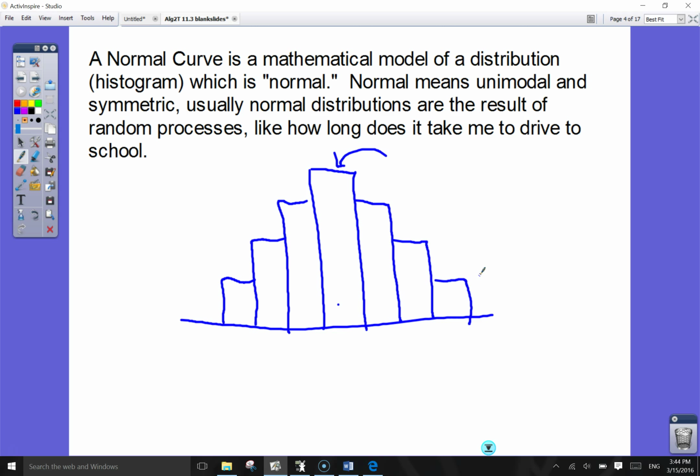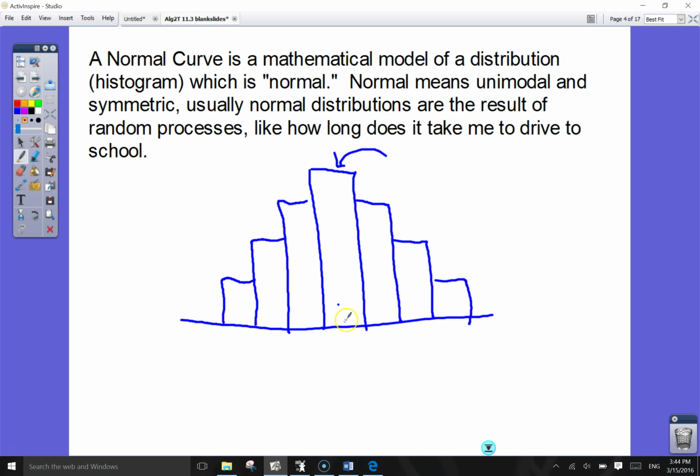Now, normal distributions are the results of random processes. A lot of times, people will use test scores, or let's say the average height of a group of people or the weights of a group of people. I would consider how long it takes me to drive to school every day to be a random process.